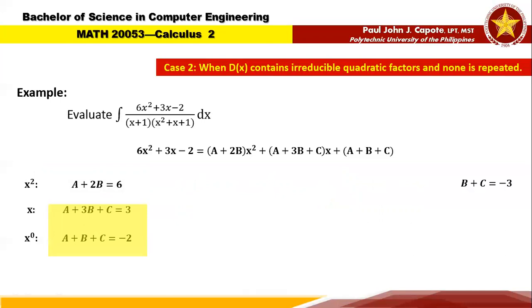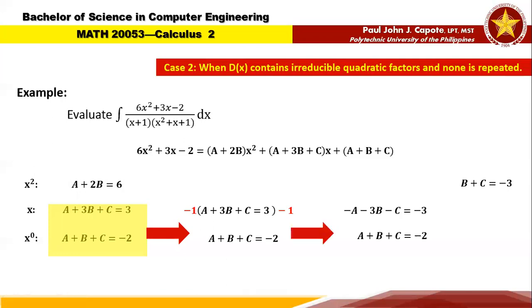I'll try to eliminate a here. So I will multiply -1 to each term, sorry, of the second equation. So I have -1 times the quantity A plus 3B plus C equals 3. So I get -A minus 3B minus C equals -3.